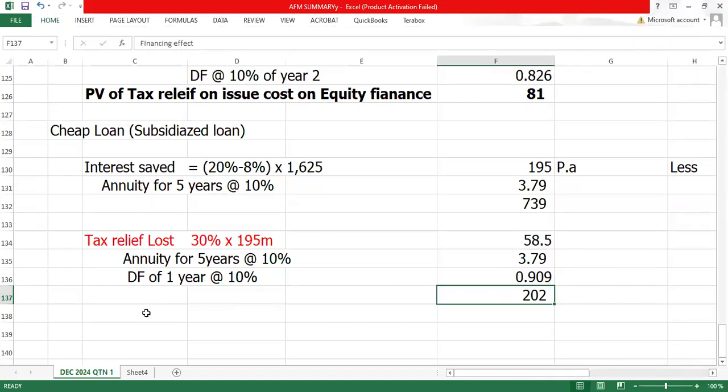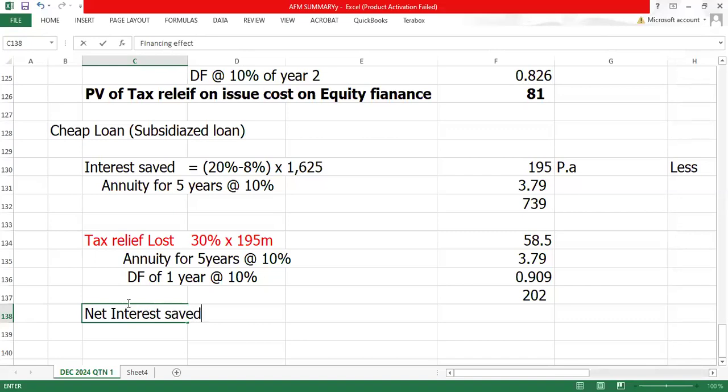So finally, once you have that, you can get the net interest saved. The PV of net interest saved on a cheap loan, which will be 739 minus 202.